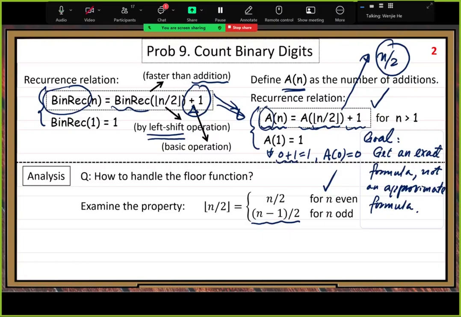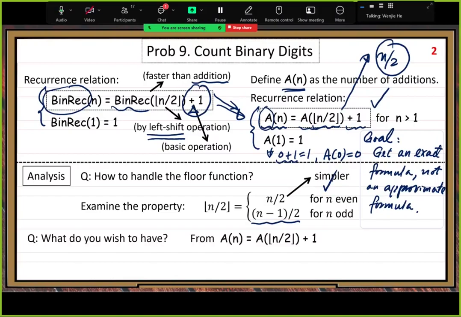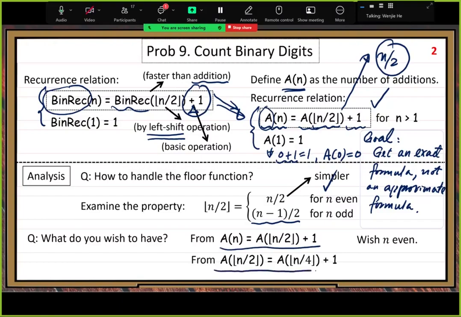All right, so when we work on the even case, we assume n is an even number. But because this is a recursive function call, in the next round we need to do another division by 2 and apply the floor function again, this time on n over 4.